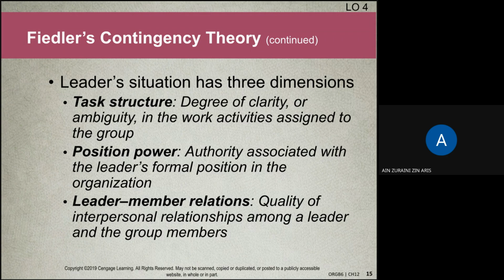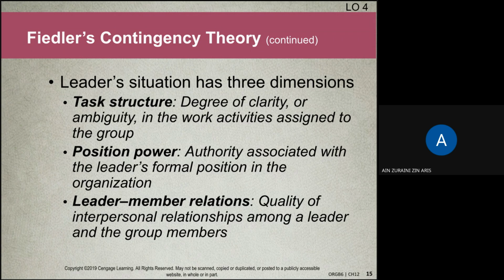Or is there tension, mistrust, or conflict? So if the leader-member relations are good, it means the team trusts and respects the leader. Communication is open and positive, and there is a strong sense of team cohesion. So this makes the situation highly favorable because the leader has support from the team.